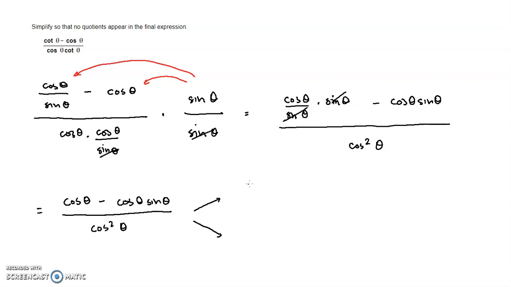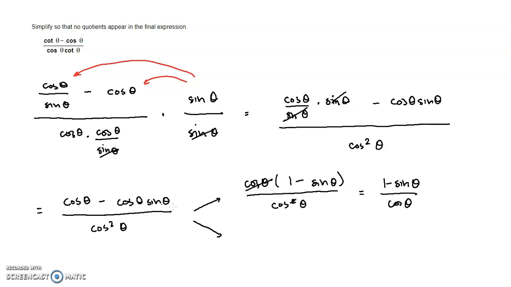So there's two different ways that you can think of this. You can think of it as factoring a cosine out to the front, and you would have 1 minus sine theta over cosine squared theta. And then one of the cosines can cancel. Okay, and that would leave me with 1 minus sine theta over cosine theta.